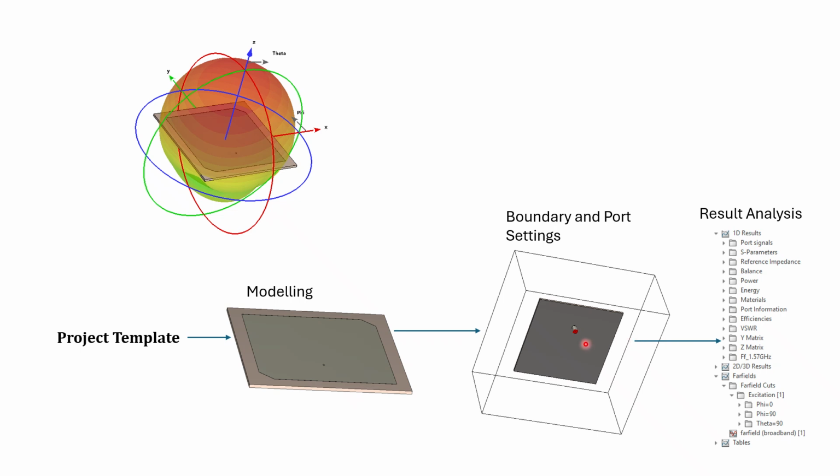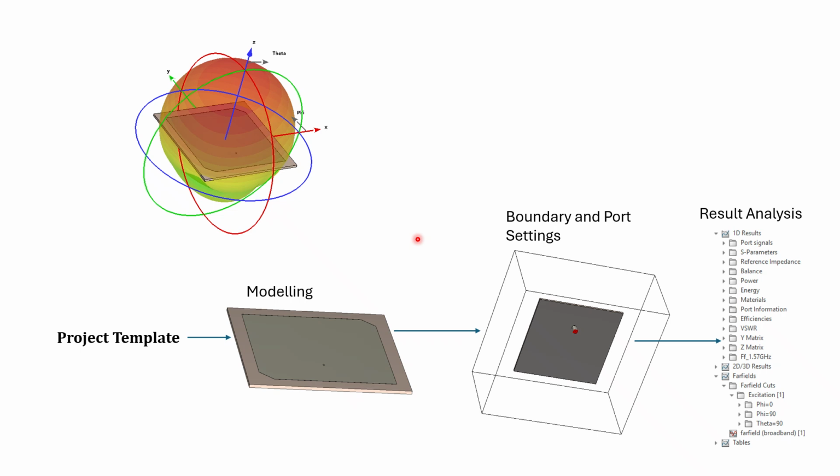You also have to set the port where you are providing the signal. This can be different types, like waveguide port, lumped port, and so on. After that, you can do the simulation, and once the simulation is done, you can do the result analysis. So this is a common workflow.